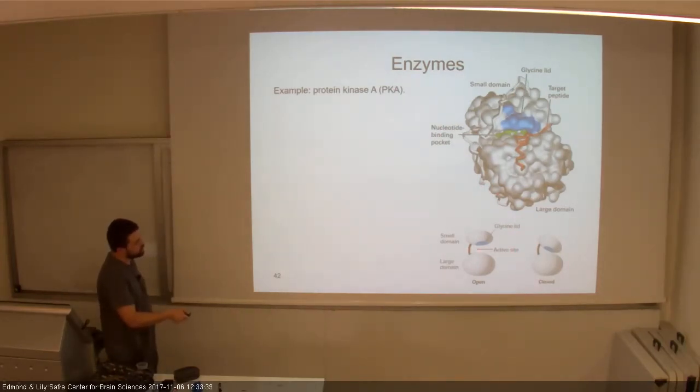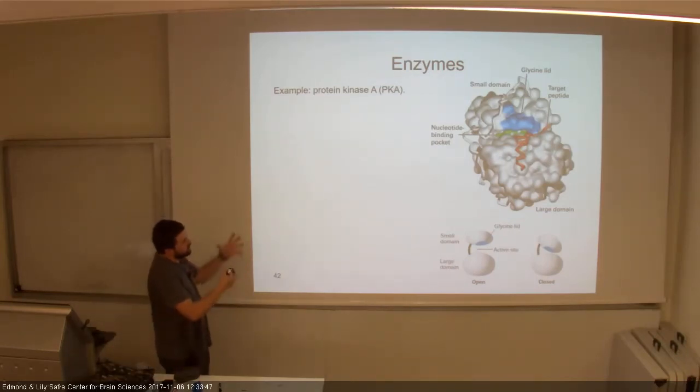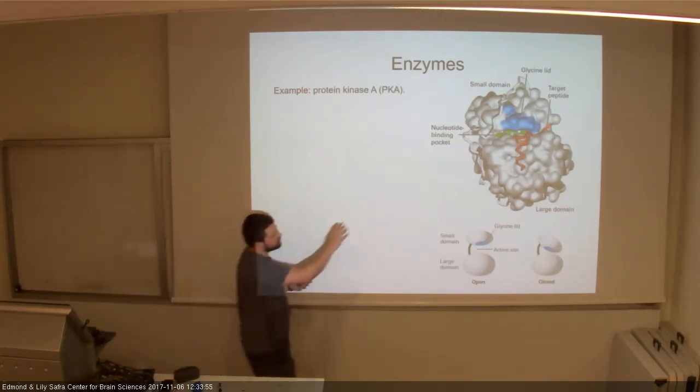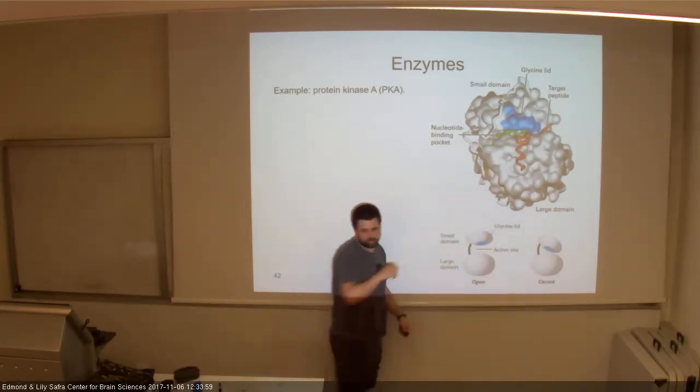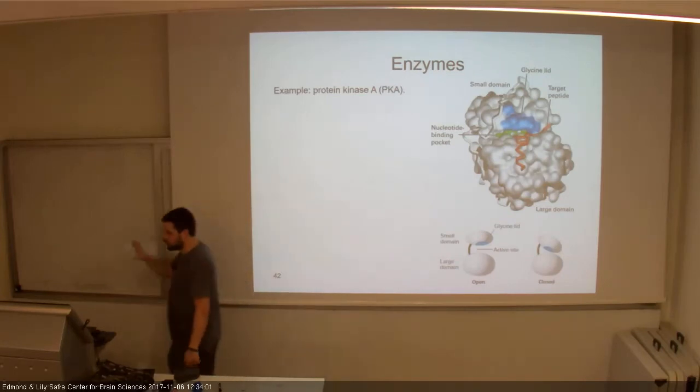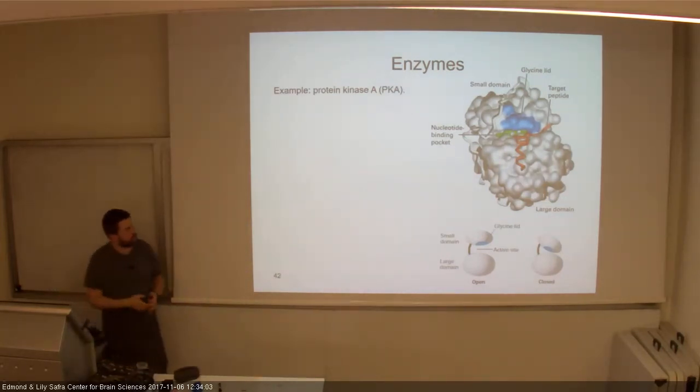The active site is between the large domain and the small domain, and you also have a glycine loop, because there is a glycine amino acid there. Here you see it assembled, meaning that you have the target peptide. This is not the entire protein; you're just seeing a small fragment of the protein that the enzyme knows how to bind to.